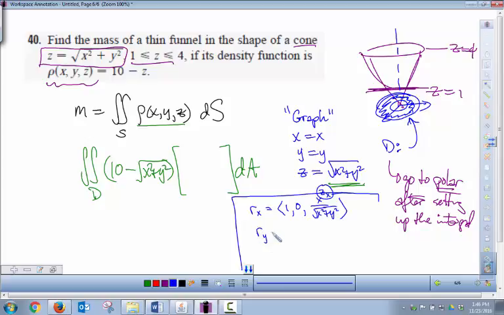R_y, 0, 1, y over the square root of x squared plus y squared, which, by the way, is the derivative of z with respect to y. And then we're going to cross it. Is anybody going to stop me and just tell me what the answer is? We've seen this before.